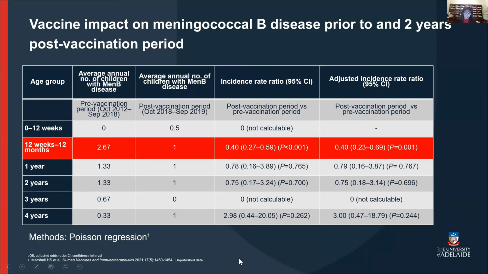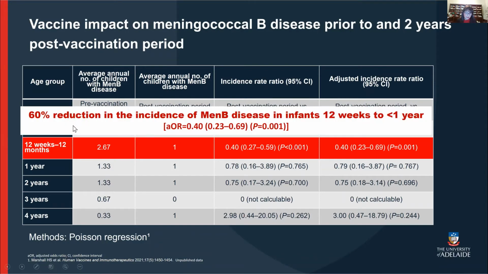Looking at impact, which is really looking at reduction in disease in the post-vaccination period compared to the pre-vaccination period, you'll see that for the under ones, there was a significant reduction in the incidence rate ratio. Although it was lower in the 1 and 2 year olds, it wasn't significant. Again, I think this is because of reduced coverage uptake, but also we had very few cases in that age group.